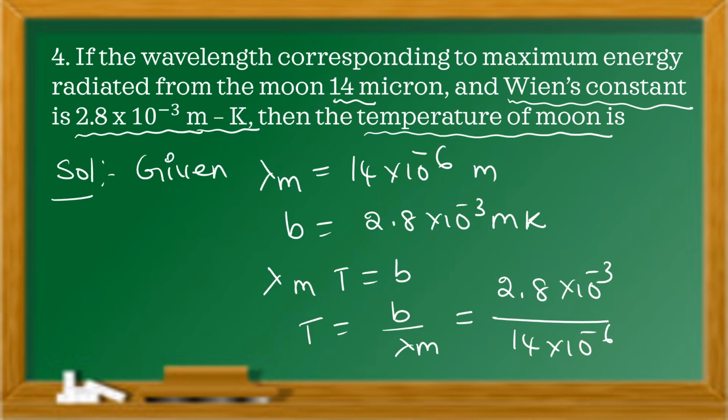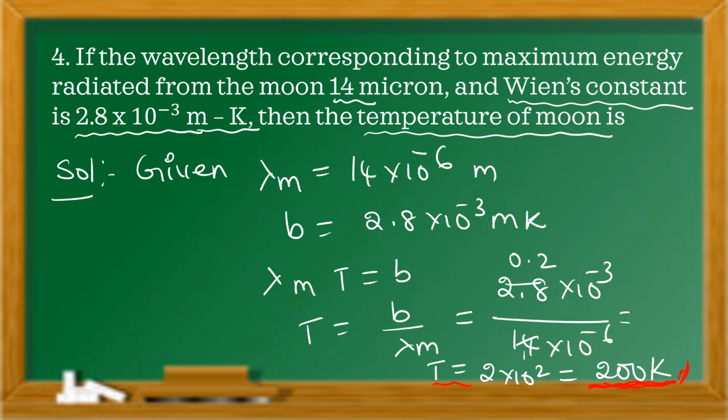Here we are cancelling: 14 ones are 14, 14 twos are 28. So finally we write the answer, 2 × 10 square, that is equal to 200 Kelvin. This is the final answer. Temperature is equal to 200 Kelvin.